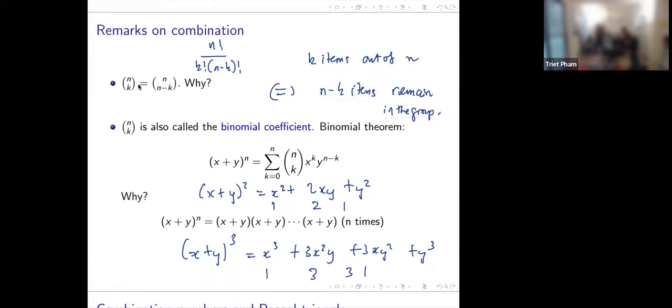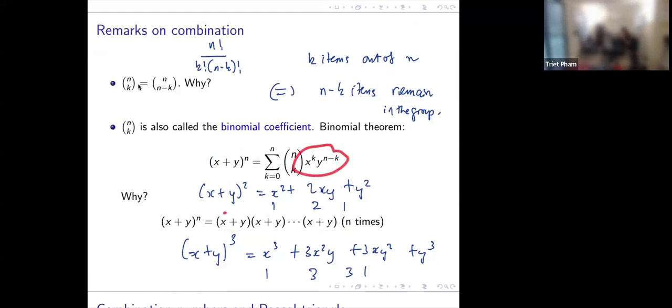The binomial theorem is another application of the combination numbers, because when you expand the n factors in the binomial theorem, it is exactly like picking k items out of the factors.